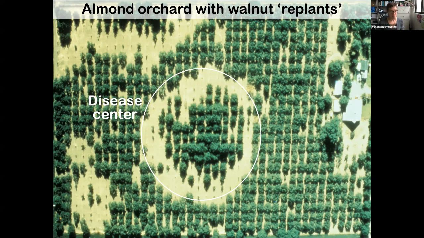The grower at this site had replanted what we call a disease center, which I've circled here in the center, where almond trees have been dying from Armillaria, replanted them with walnut, which tends to be a bit more resistant to this disease. Because the fungus has such a broad host range, it's hard to, so to speak, rotate different crops into an area. That said, some are more resistant to the disease than others.